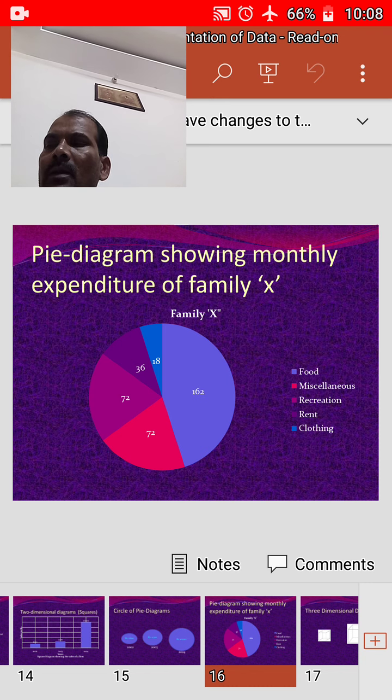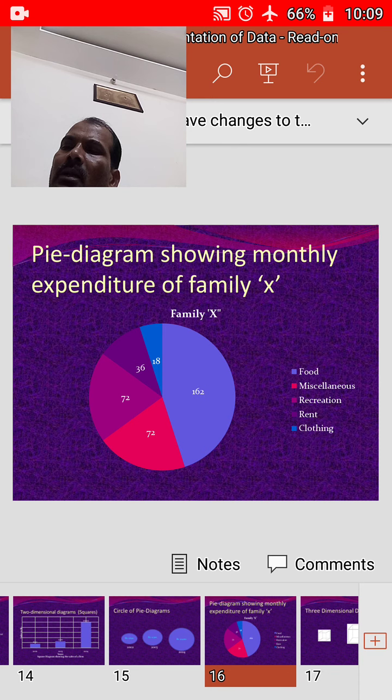With the help of these, you can draw the first items of expenditure. We should express them in terms of rupees and degrees. If the total amount, total will be 100 rupees.